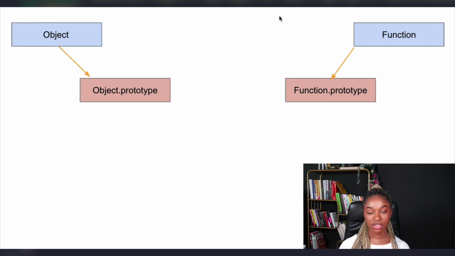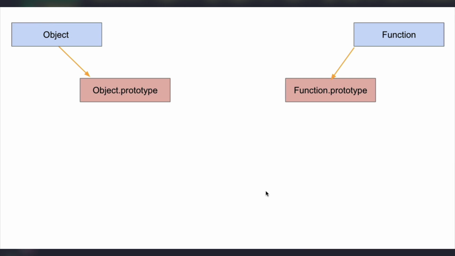Now there are other built-in function objects that can be used as constructors in the language, like the built-in String object, not the primitive string, the Number object, the Date object, and they also have their own prototype object, but I will not be adding them here because we don't have space. Lastly, I'm going to be adding the Array object, right?